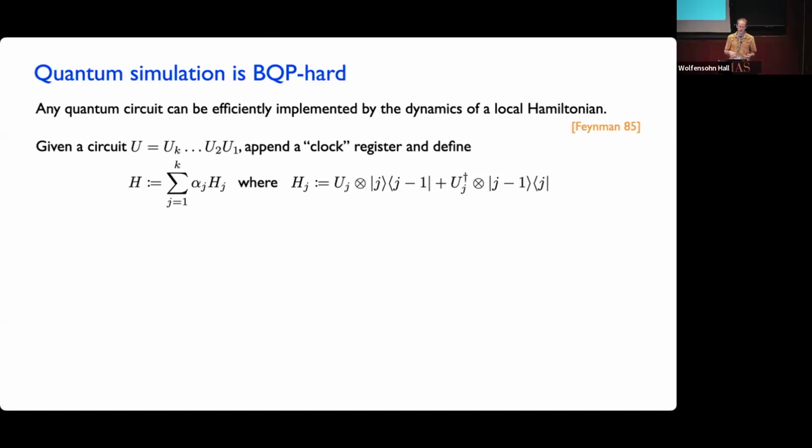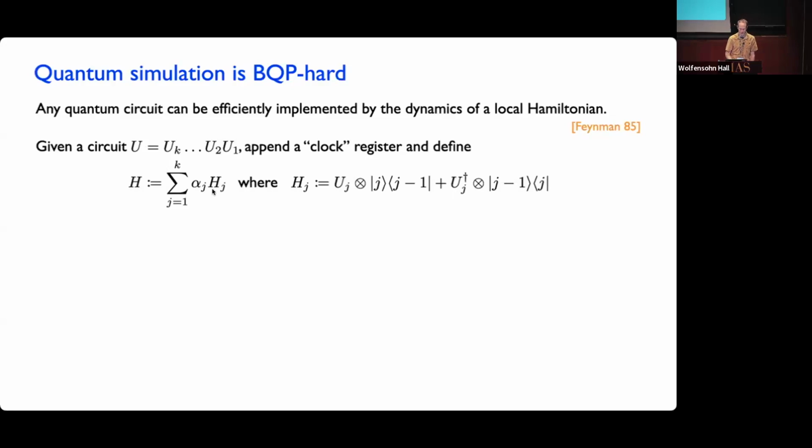And the way you can do that is to write down a Hamiltonian whose terms correspond to the action of the gates in the circuit together with advancing a clock. So we're going to have a register in our system that records the time at which these gates are applied. And we can have terms in the Hamiltonian where we advance the clock from step j-1 to j, and we apply the jth gate. And of course, the Hamiltonian has to be Hermitian, so there also has to be a term where you go in the other direction, from time j back to time j-1, and then you undo the gate.